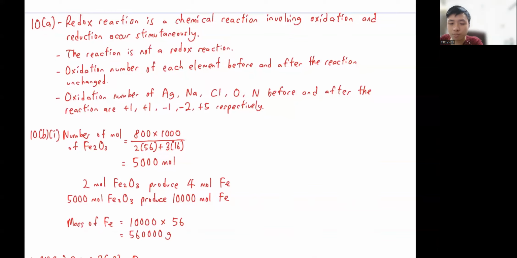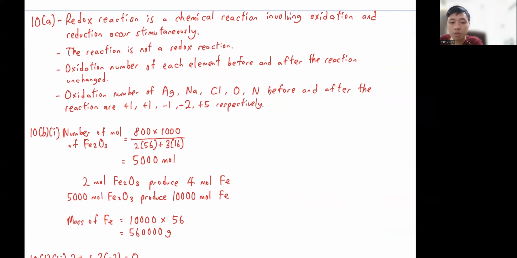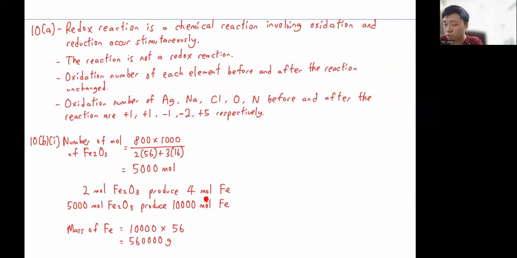But the calculation concept is the same. Calculate number of mole, then you do ratio: 2 mole of Fe2O3 produce 4 mole of Fe. So times 2, 5000 become 10,000. So mass of Fe is 560000 gram.